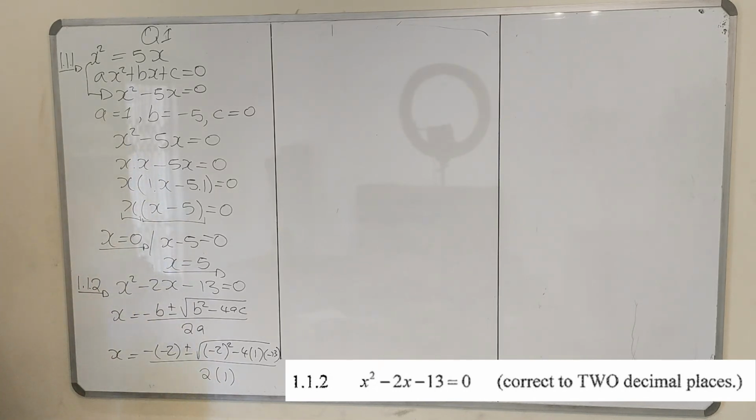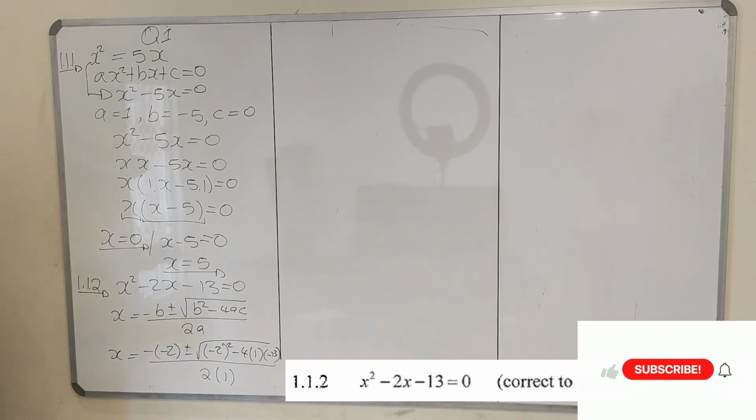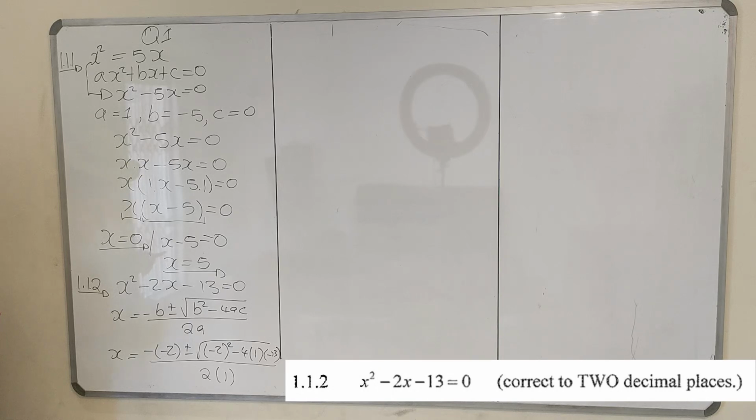This is how it should be. Did I substitute correctly? So punch it on the calculator. What do you get? What do you guys get? 1 plus square root of 14?